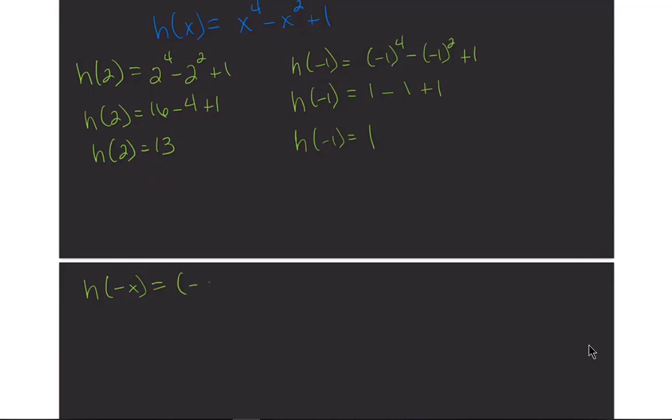So we'd have (negative x) to the 4th minus (negative x) squared plus 1. So if I take negative x to the 4th, what do you think I'm going to get? x to the 4th, minus (negative x) squared, is going to get me back down to x squared, plus 1.